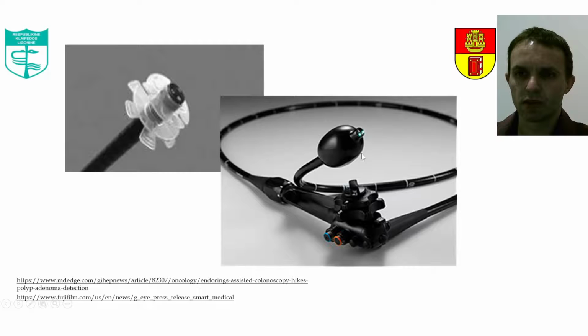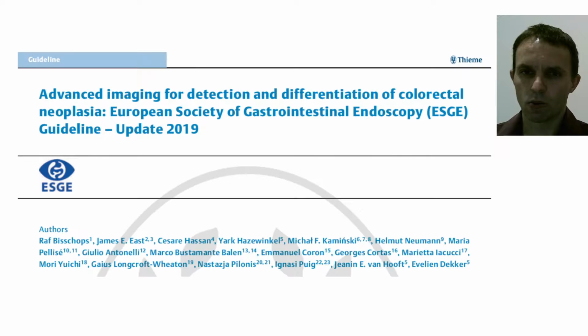The pressure in this balloon is controlled by the endoscopist and also by a special device attached to the endoscope, which prevents traumatization of the colon. What else can help us to increase our adenoma detection rate?